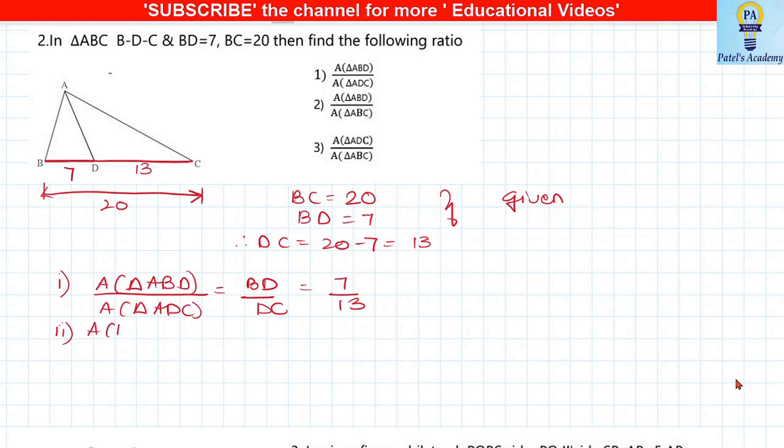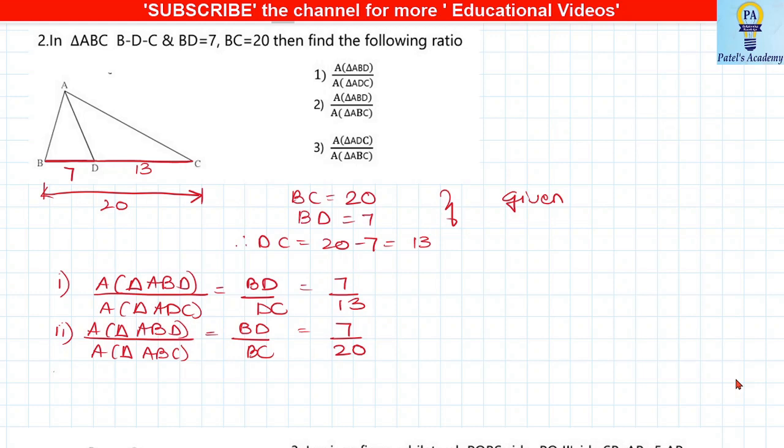The next is area of triangle ABD upon area of triangle ABC. Now again see the figure. If I'm talking about area of triangle ABD, the base is BD. And when I say area of triangle ABC, the base is total BC. That is going to be 7 upon 20.